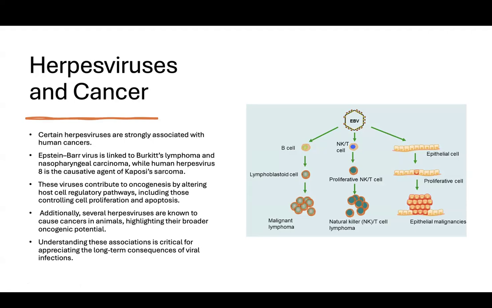Burkitt's lymphoma is a B cell malignancy because again, Epstein-Barr virus loves to infect lymphoid cells and specifically B cells. And what they do, specifically Epstein-Barr virus and also the Kaposi sarcoma linked virus, once they infect, they can stop apoptosis and they can induce other survival signaling. So they're messing with the cell's own ability to kill itself or regulate itself. That's why we get a lot of different cancers.